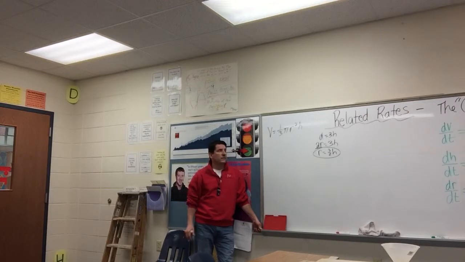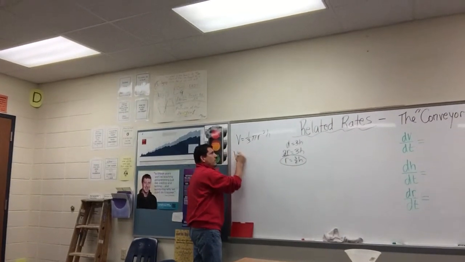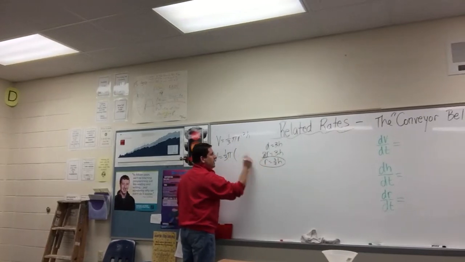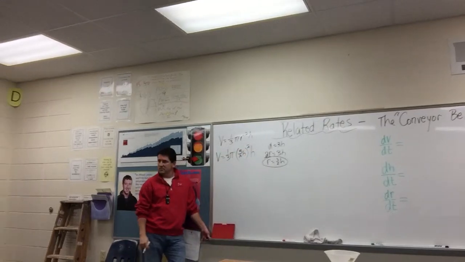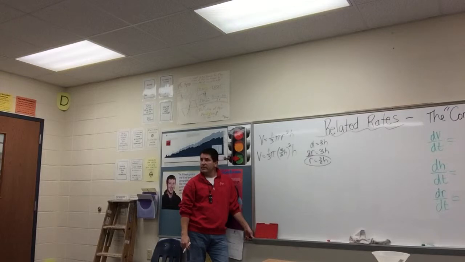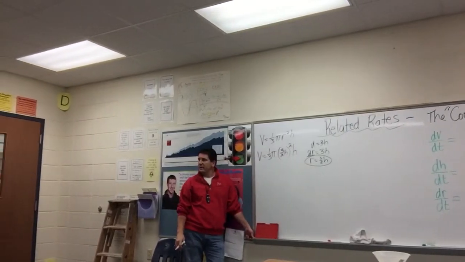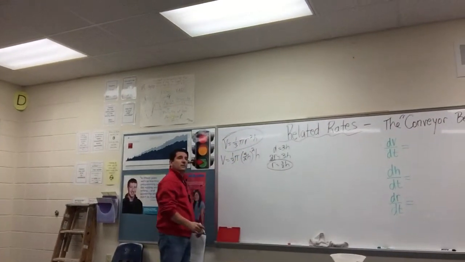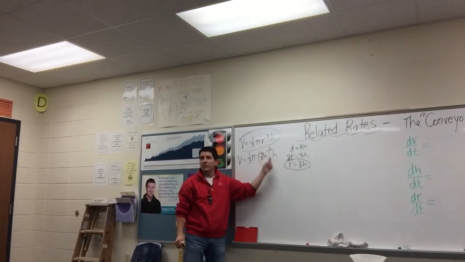Since I want dH dt, I'm going to substitute into this 1/3 pi, and instead of radius, I'm going to put in 3/2 h squared, times h. I want dH/dt, right? So if I have an H in the problem and a V in the problem, I have everything I need. I'm actually rewriting the original equation, but because there's a ratio between R and H, I can substitute.